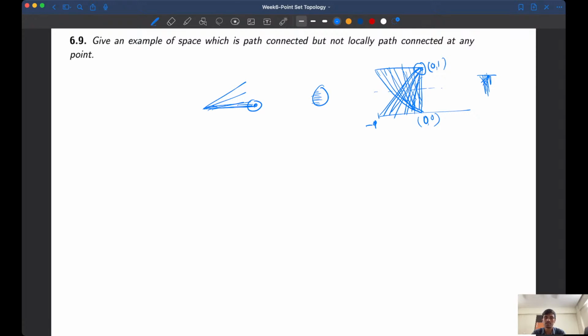So this is not a concrete proof, you have to check many things, but roughly this is the idea. Okay, so you have an example of a space which is path connected but not locally path connected at any of its points.